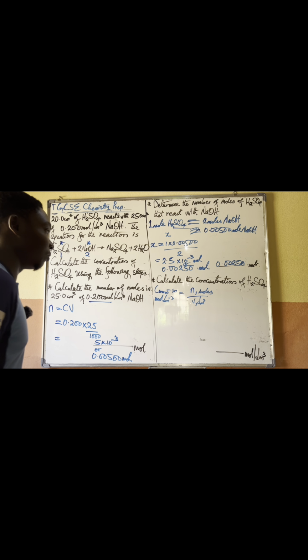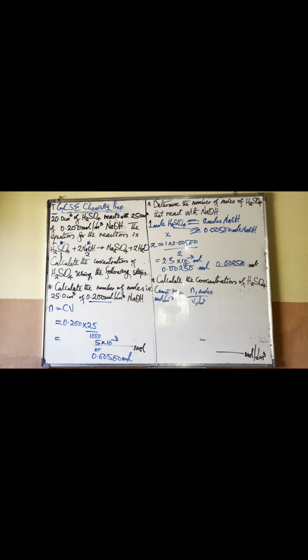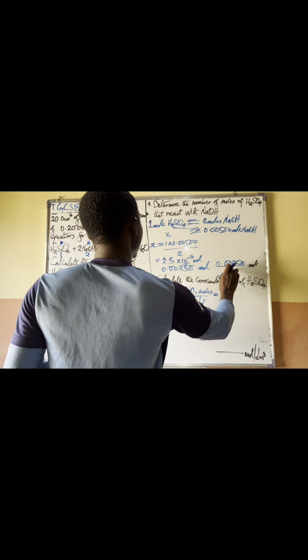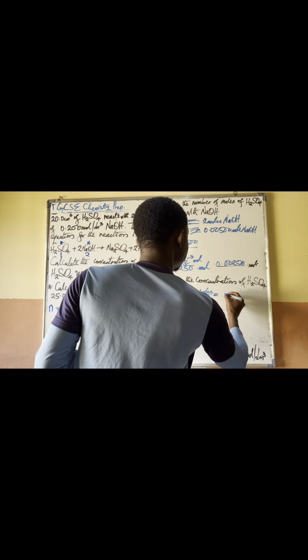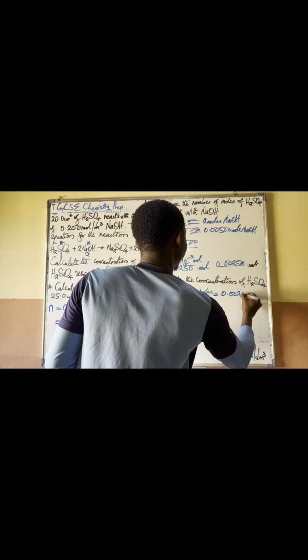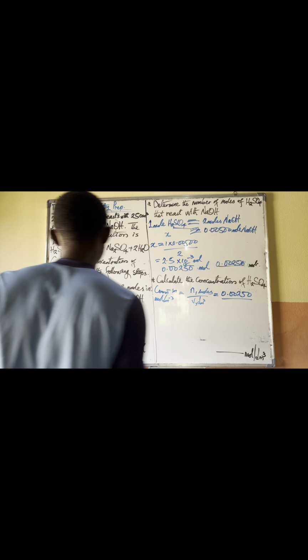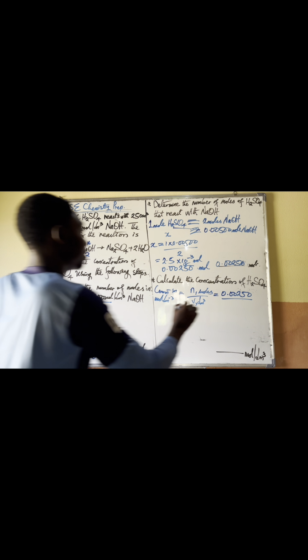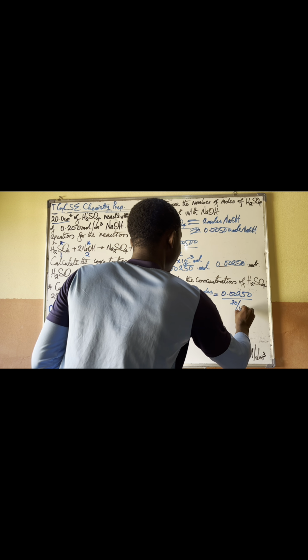That gives us a straightforward answer. If you go back to using the cover method, that will take a long time and you still get the right answer. So the amount in moles which we've got here is 0.00250, divided by the volume in dm cube. What was the volume given for the acid? 20. So it will be 20 divided by 1000.